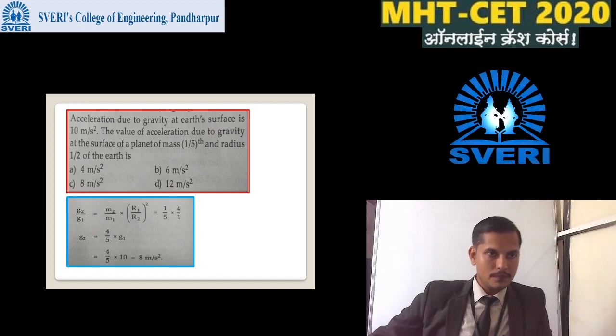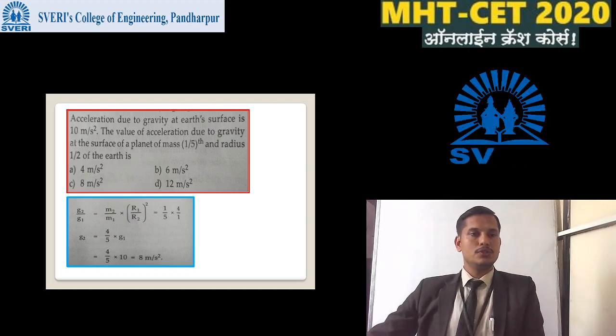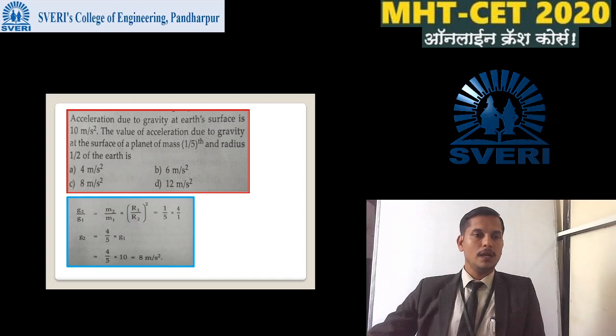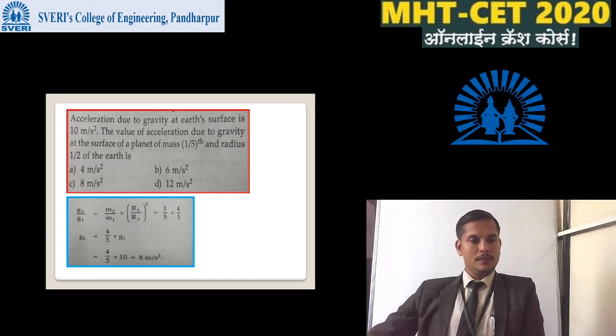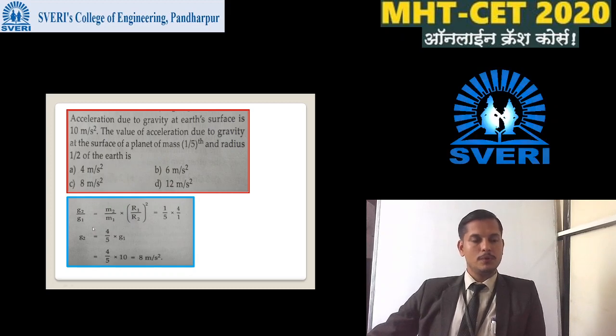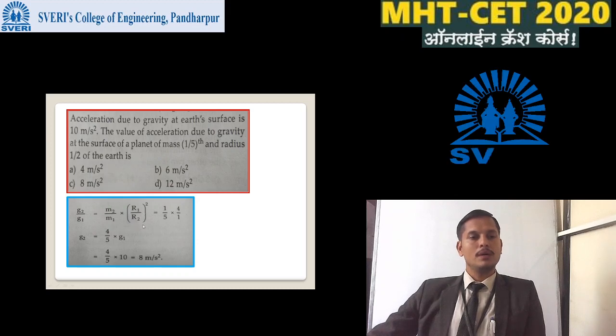Means if we change the mass and the radius, what are the changes? So simply we use the equation g2 upon g1 equal to m2 upon m1 into r1 by r2, whole squared, which is equal to 1 by 5 into 4 by 1.